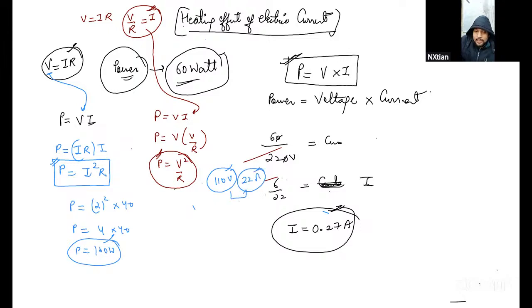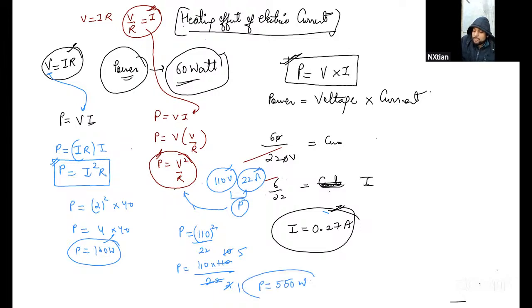When potential difference and resistance are given, you have to apply this formula. P is equal to V squared upon R, which is 110 into 110 upon 22. Now 11 is in the tables, so it becomes 10, it becomes 2, it becomes 5. So P is equal to 550 watt. W is basically called watt, which is the unit of power.